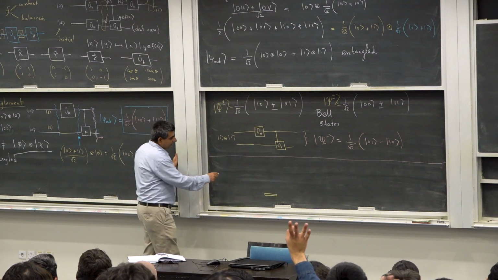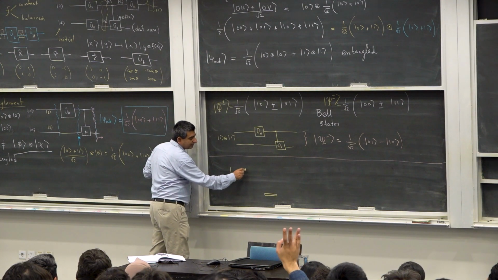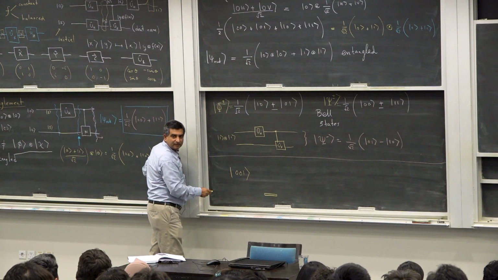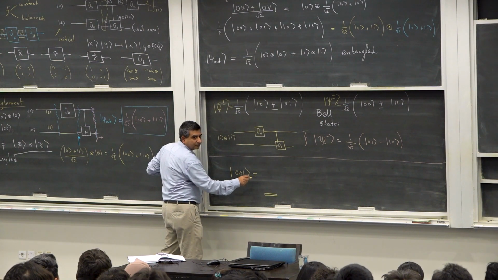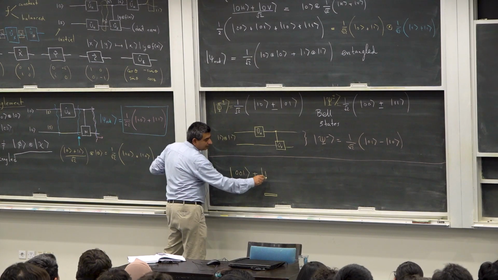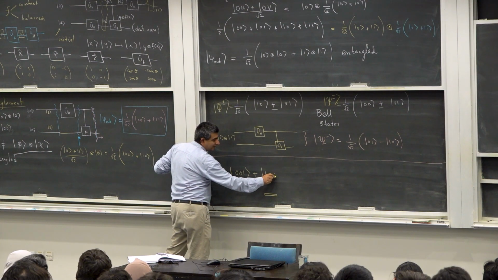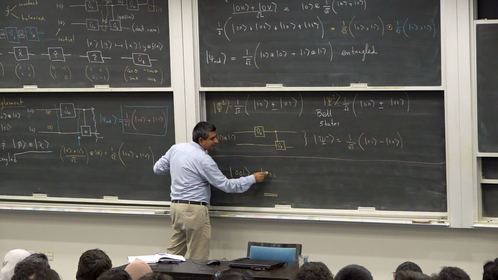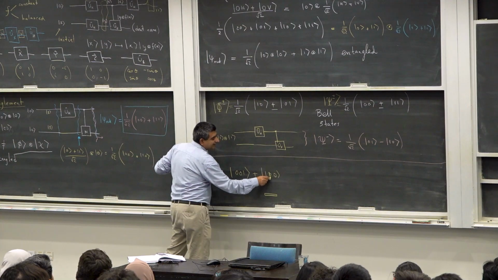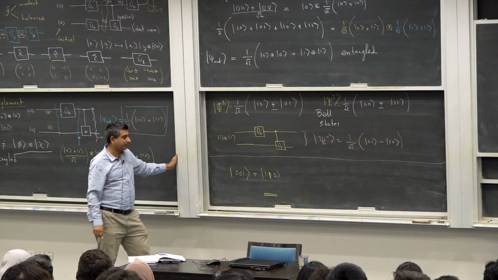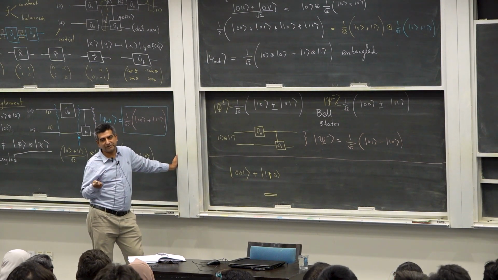All right, 0 0 1 plus 1 1 0. This is an example of a 3 qubit entangled state.